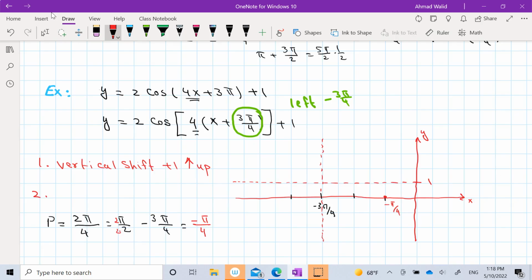Now, to find the middle, you average. I'm not going to show it again for you. When you average this, it gives you negative pi over 2. To find the quarters, you average negative pi over 4 and negative pi over 2, which gives you negative 5 pi over 8.